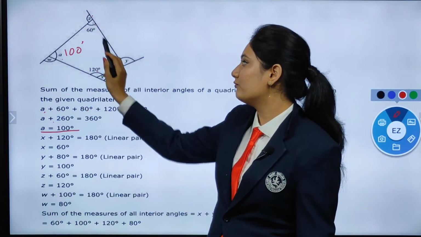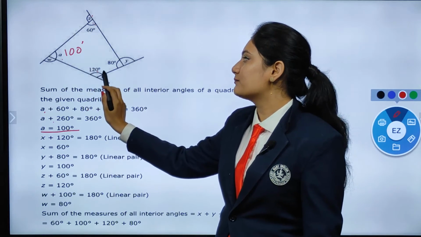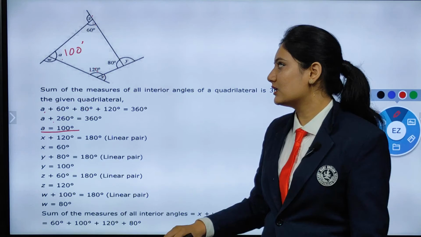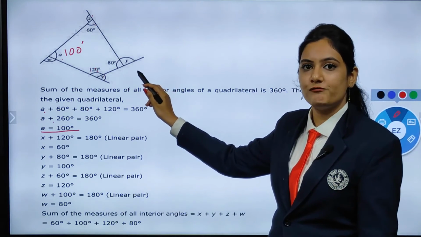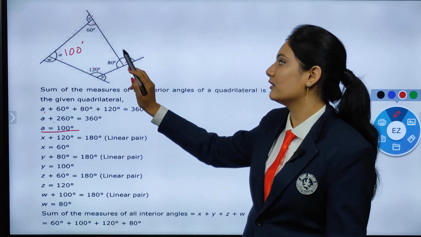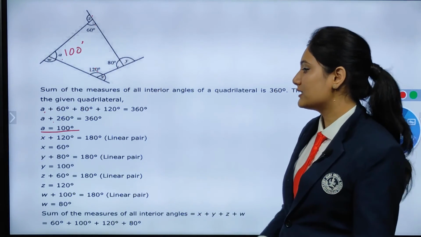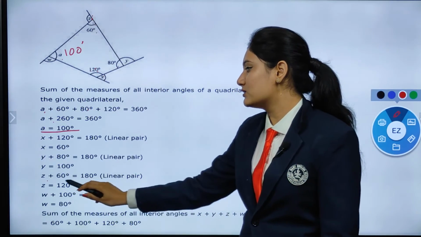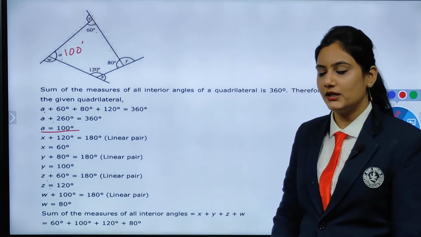So x value will be what? X plus 120 is equal to 180, value of x is 60 degree. Same way, what will be the value of y? It will be y is equal to 100 degree, as the interior angle is 80 degree. Next, z plus 60 equal to 180, so z is equal to 120 degree.